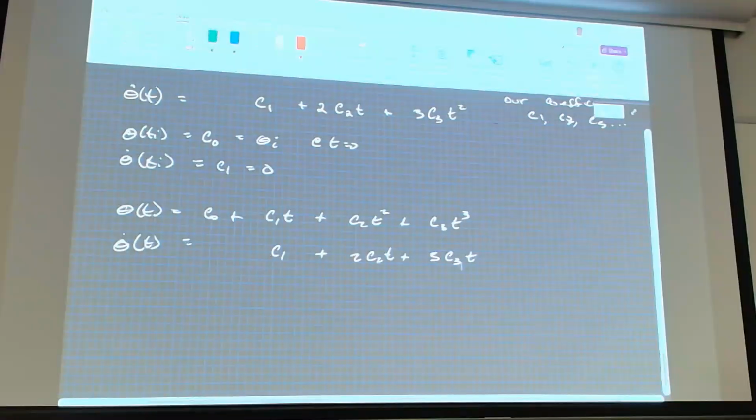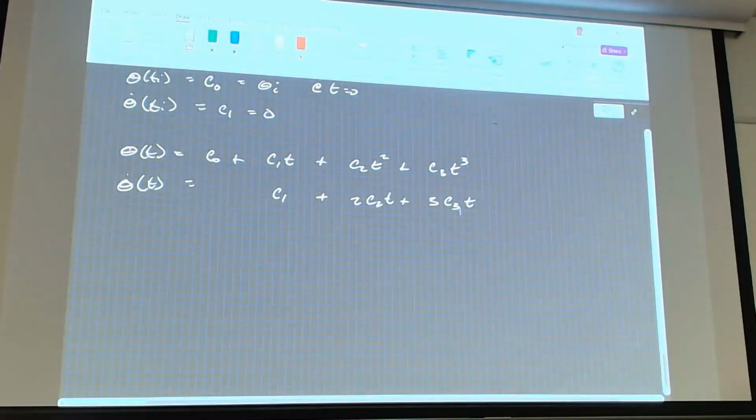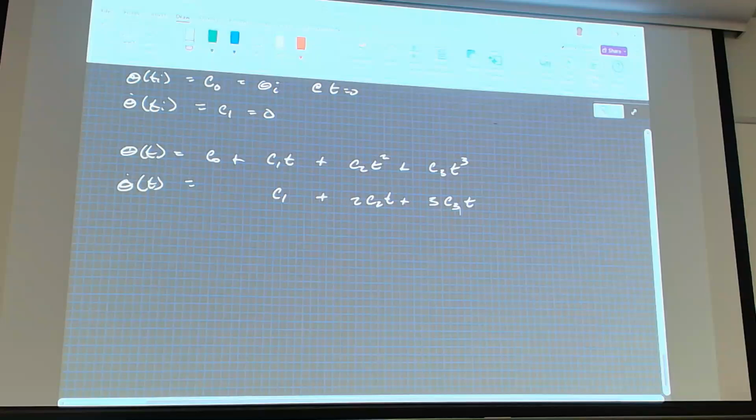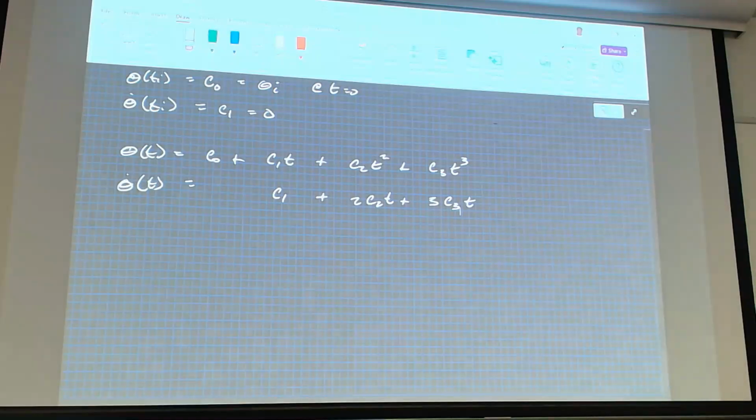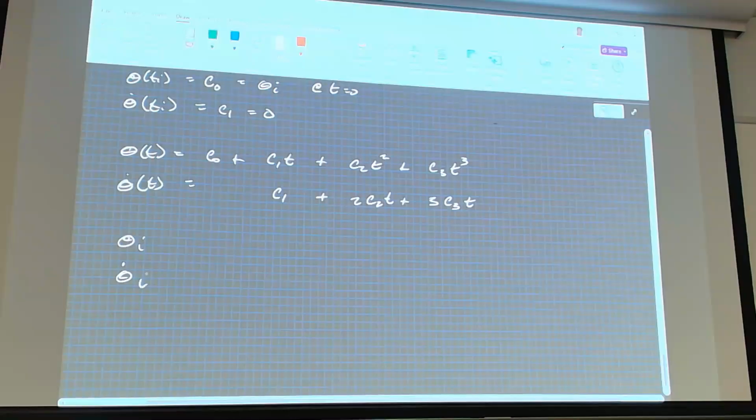Okay. Now, we want to find our C's. In other words, what we want to do is solve for the C's, but we know a couple of things, right? So we have our theta initial, our theta dot initial, our theta final, and then our theta dot final.